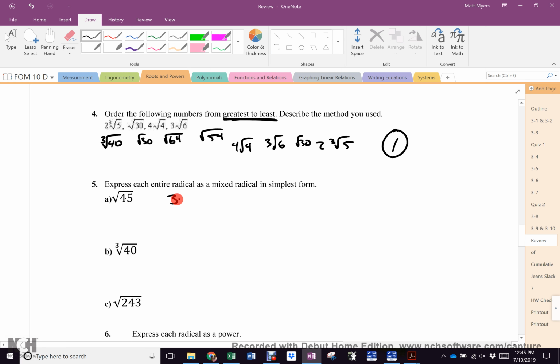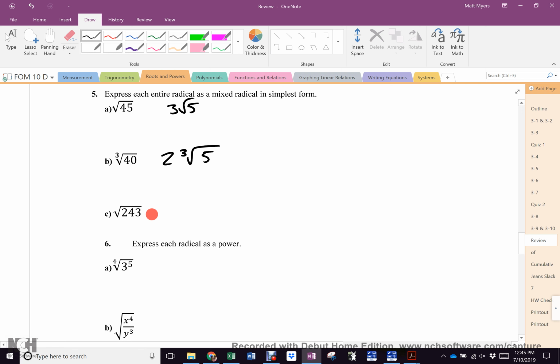This is, of course, 3 root 5. This is, of course, 2 cube root 5. This is 243 is 81. So it is 9 root 3. This is 3 to the 5/4.